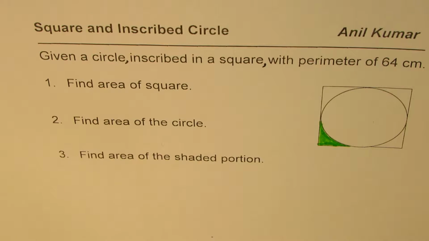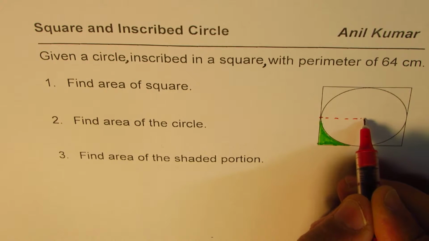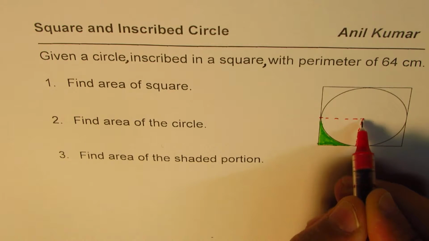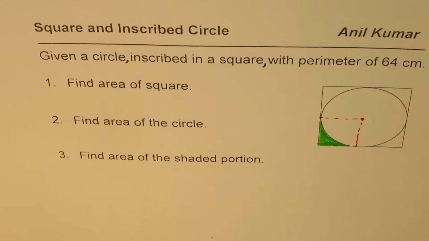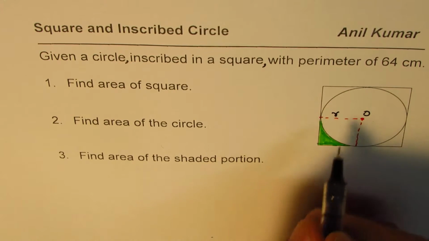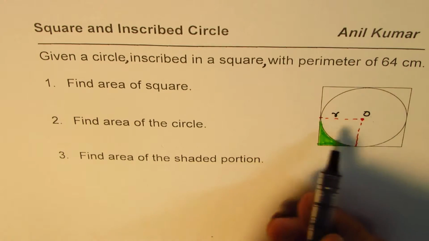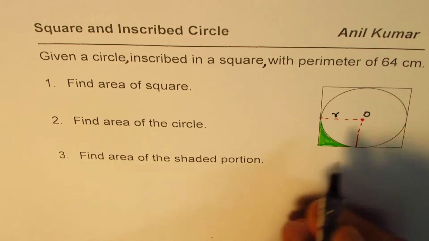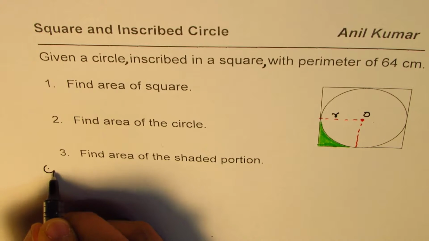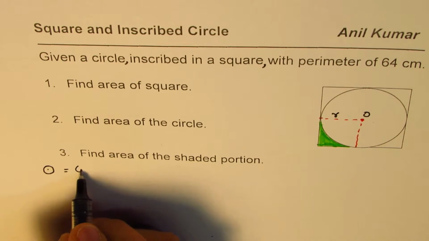So what we have here is a circle with center, let us say O, and radius r, whose circumference is 64. When you say perimeter, it means circumference. That means the circumference of this circle is 64.